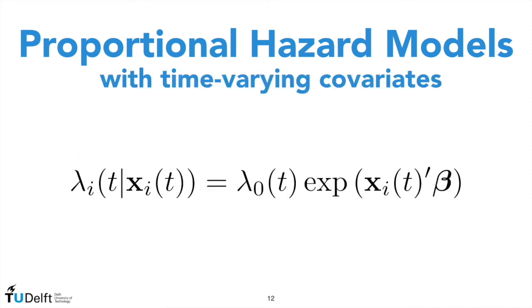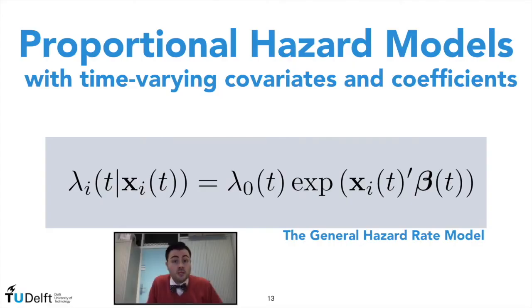What we have seen is just the simplest example of proportional hazard model. Naturally, we can make it a little bit more general by assuming, for example, that the covariates contained in the vector x are time-varying, that is to say, their values change over time. We can also be fancier by defining the so-called general hazard rate model, in which the vector beta, the vector of the coefficients, is replaced with the vector beta of t, in which we are assuming that also the coefficients are time varying.